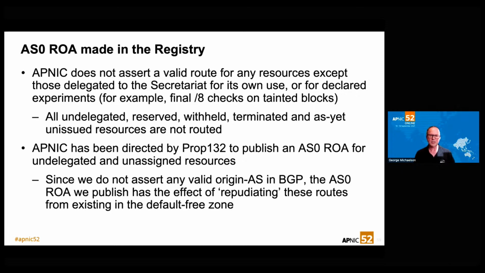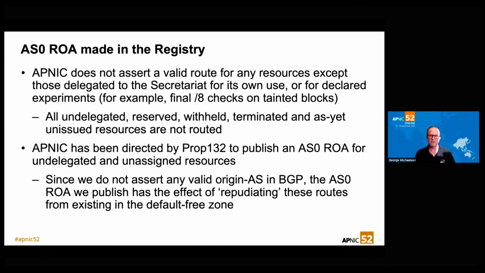We've been instructed by the community under Proposition 132 that was accepted in our process to add the AS0 ROA exclusively for undelegated and unassigned resources. Nothing else is being defined as valid for us to sign over in this service. And since we don't assert any other origin AS for these prefixes, this is the only kind of AS0 ROA that will exist for them.